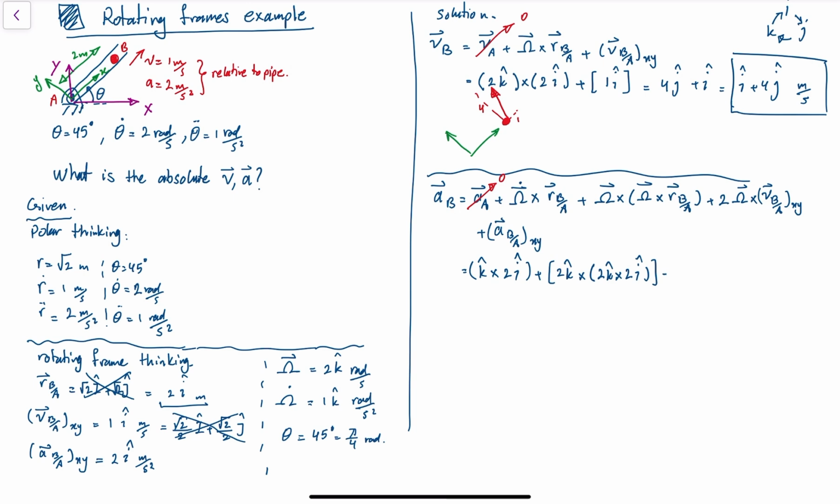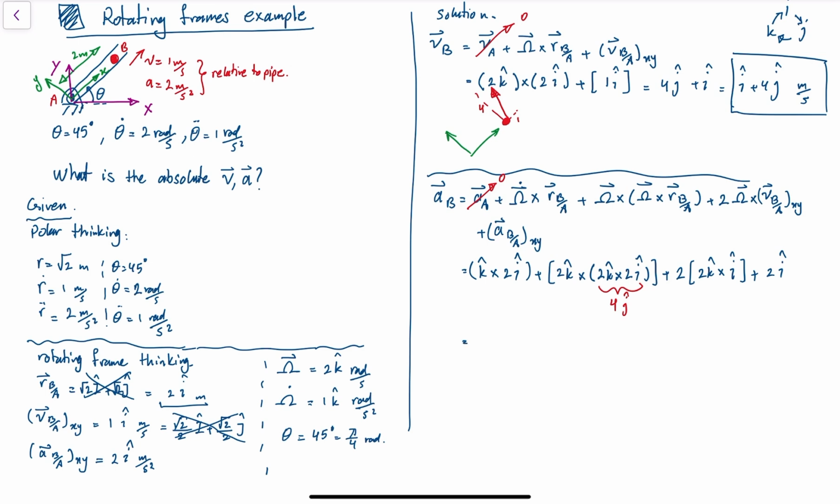Second term, I have 2 omega 2k cross V of B relative to A, that was i, plus the relative observed acceleration 2i. This part, k cross i is j, and that makes it easier.